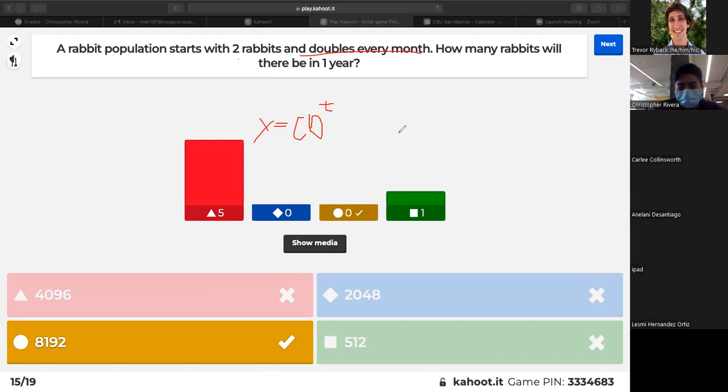Can anyone tell me what you think my C would be? What do I plug in for C to get the answer? Yes, 2, correct. Awesome, good job. So we would essentially plug in 2.